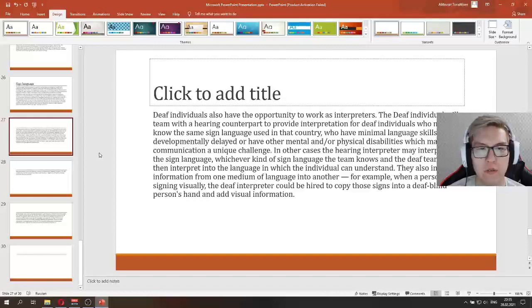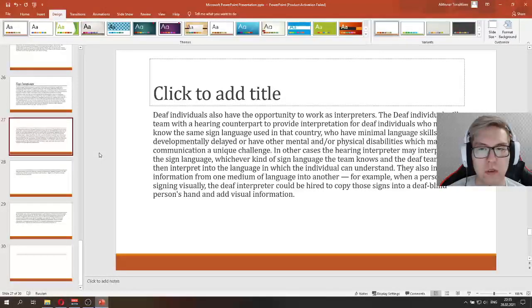In other cases, the hearing interpreter may interpret in the sign language, whichever kind of sign language the team knows, and the deaf interpreter will then interpret into the language in which the individual can understand.